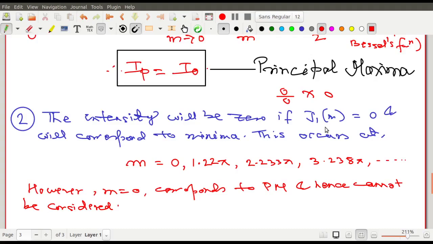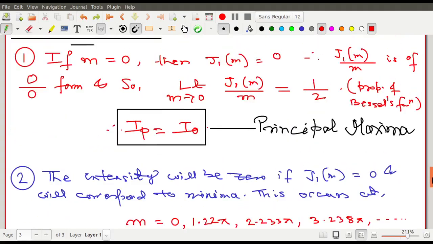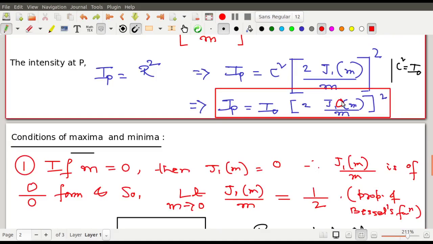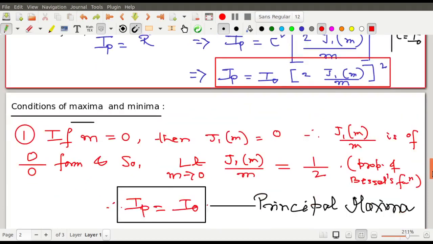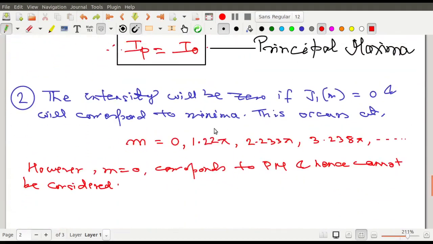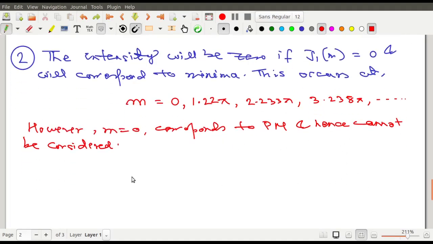My goal is not only to get J1M 0, my goal is also to get this whole term 0, the left hand side should be 0, and 0 by 0 is not going to do so. That is why I shouldn't take m equals 0 for the minima points. So m equals 0 corresponds to the principal maxima and hence cannot be considered.